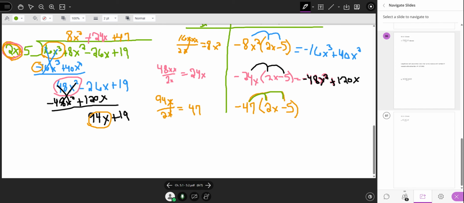So negative times positive is minus. Minus times minus is plus. 47 times 5 is 235.